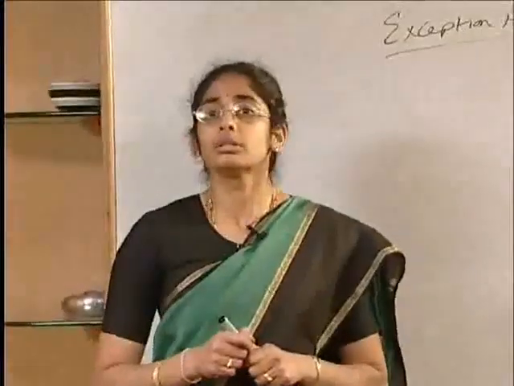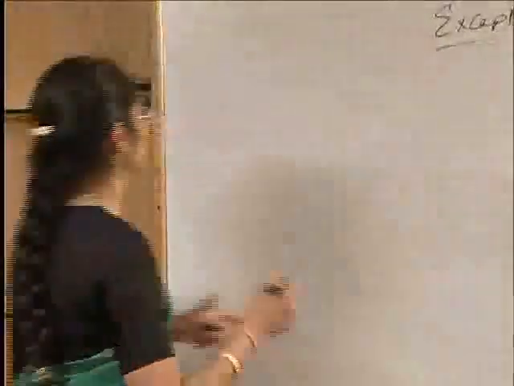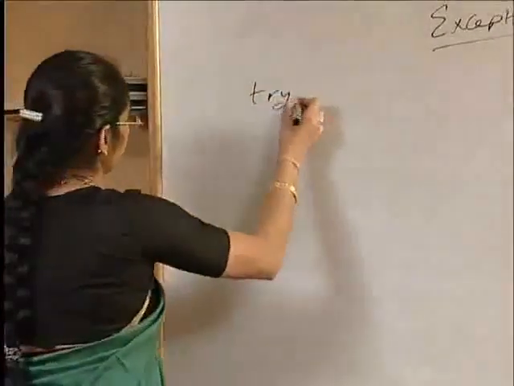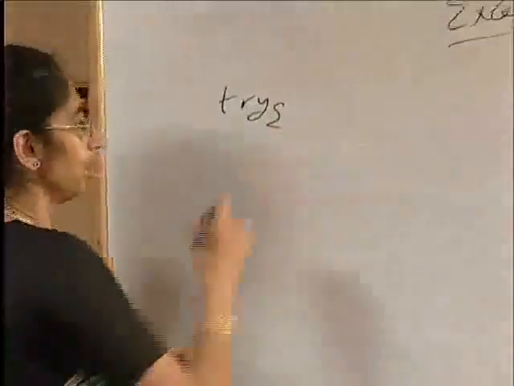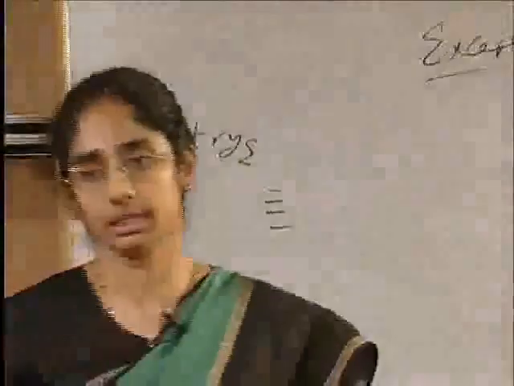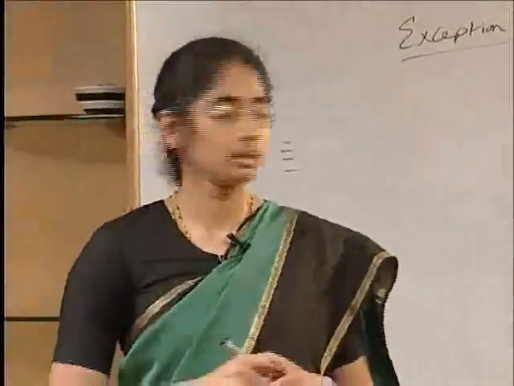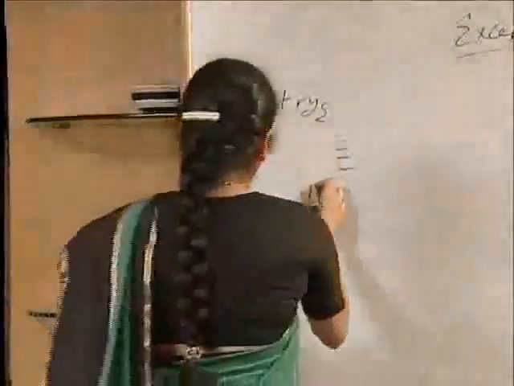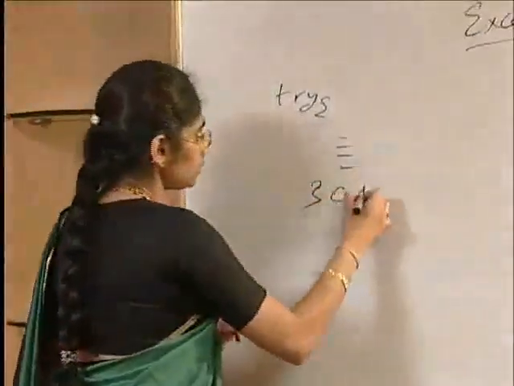To handle exceptions, you use the try-catch block. In the try block, you write the set of instructions which might throw an exception. Then you write a catch block.